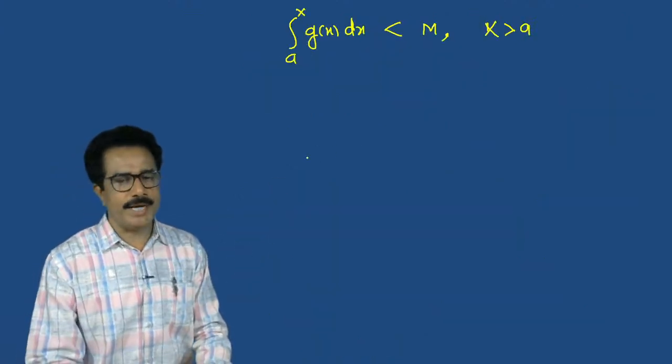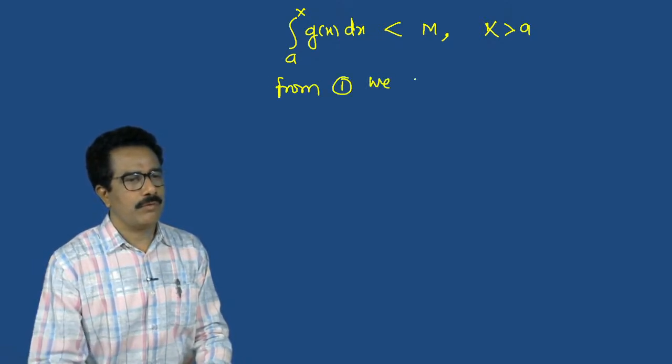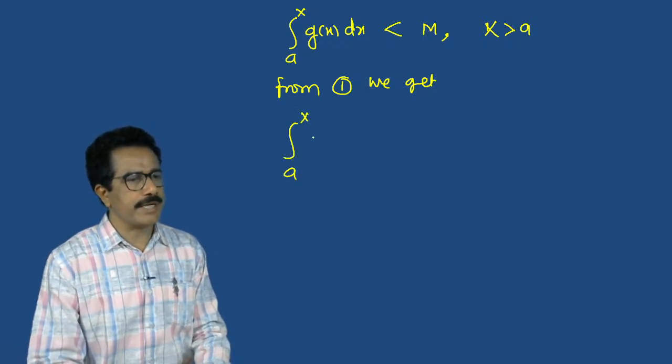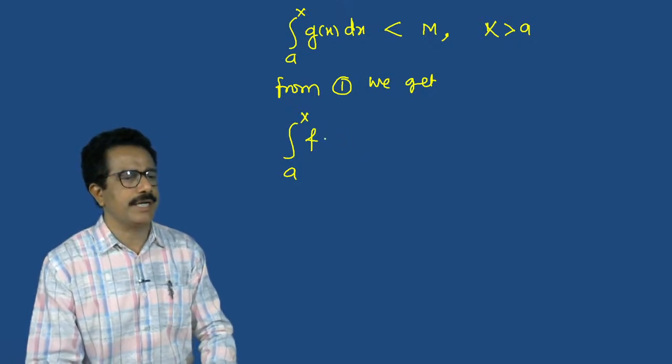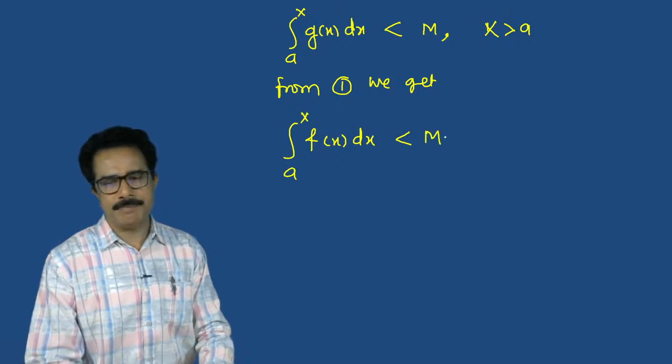So from 1 we get the integral from a to x of f of x dx is less than m.